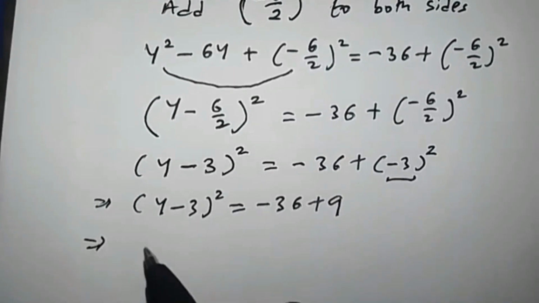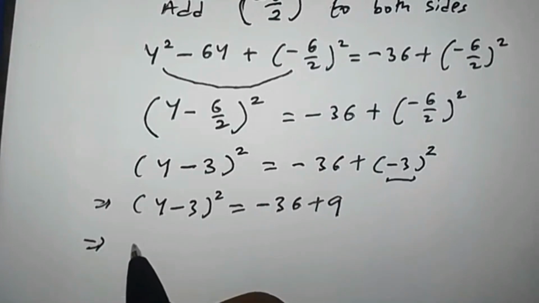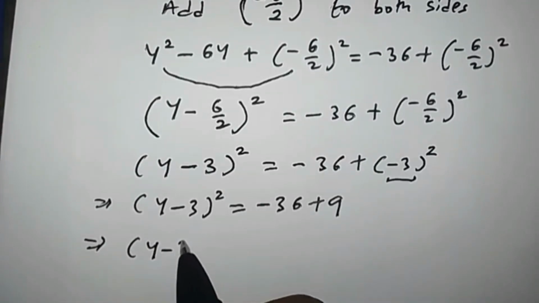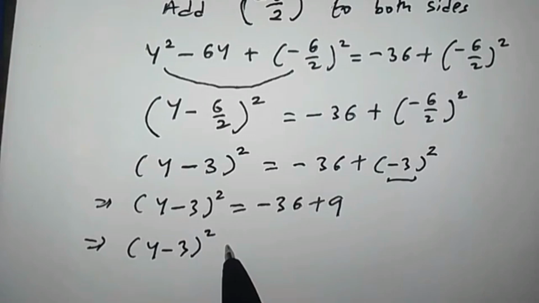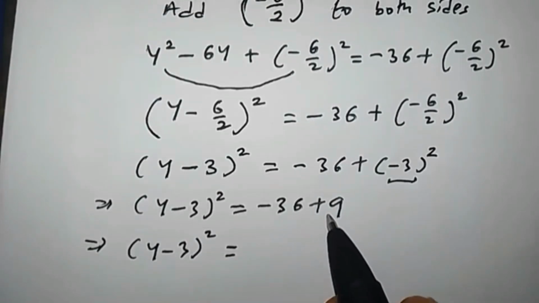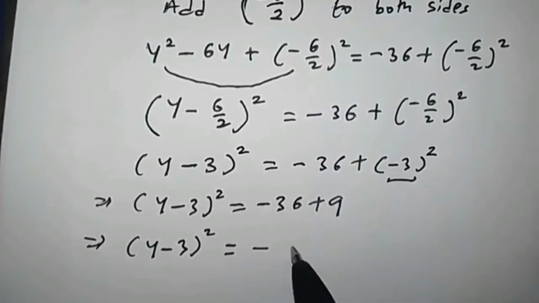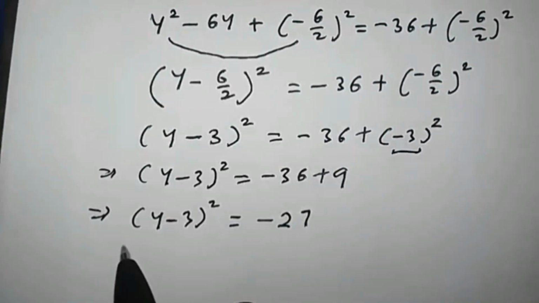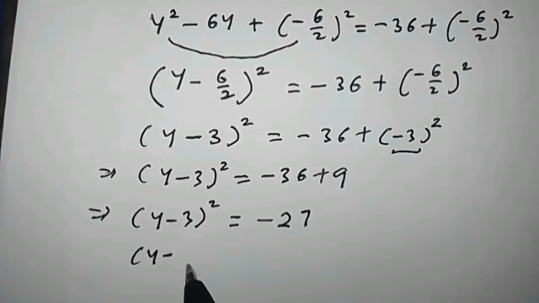This means that y minus 3 all squared equals minus 36 plus 9, that is negative 27. Let us take the square root of both sides.